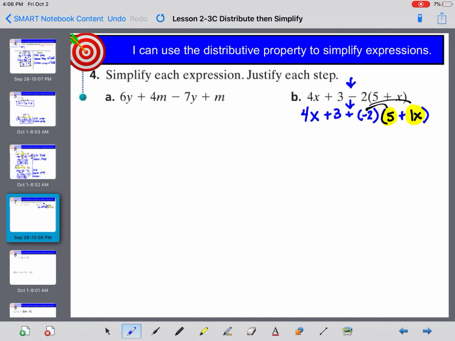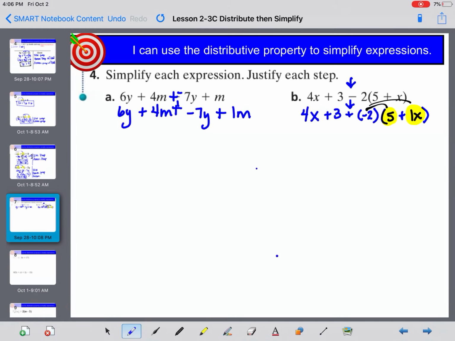All right, folks, so the first thing that you should do is rewrite all subtraction as adding the opposite. Some people get really good at it and they sneak it in there, and that's totally fine with me if you want to do that. And then make sure you put your coefficients in if they're not listed.